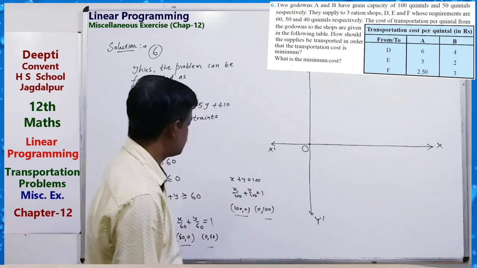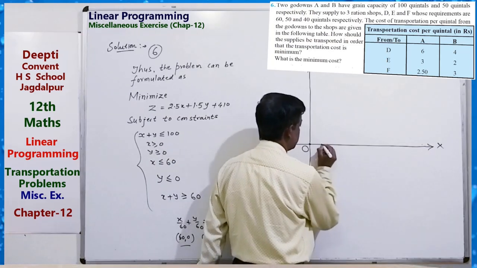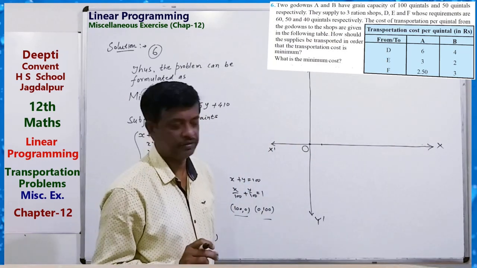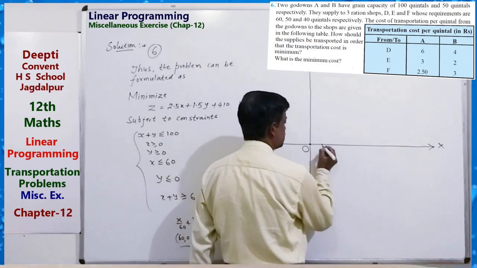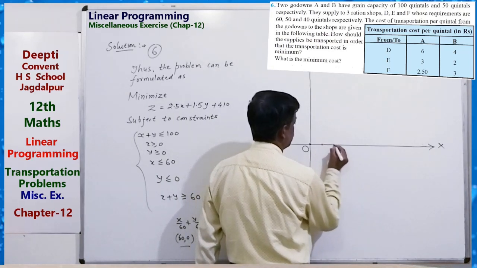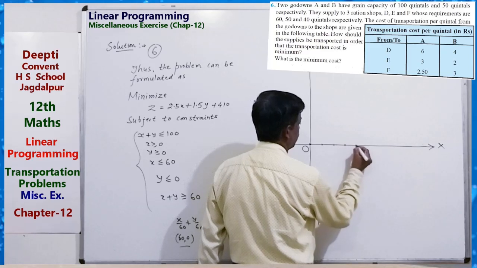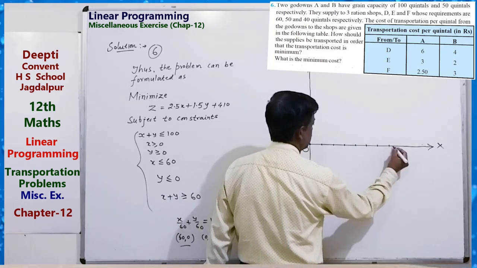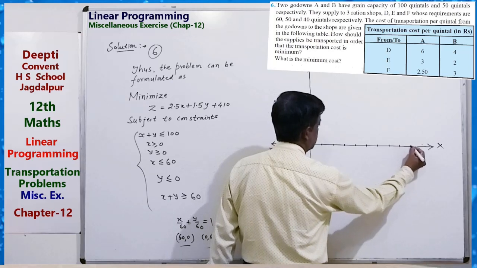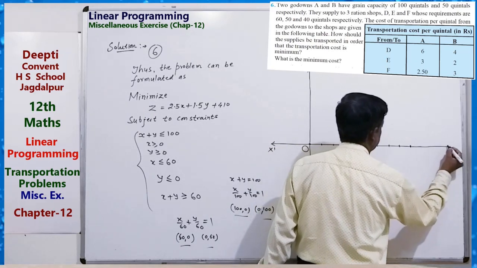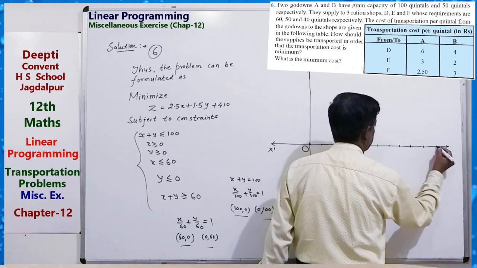Clear? So take a scale on the graph. Suppose this is 10, then for 100 we require 1, 2, 3, 4, 5, 6, 7, 8, 9, 10, 11.